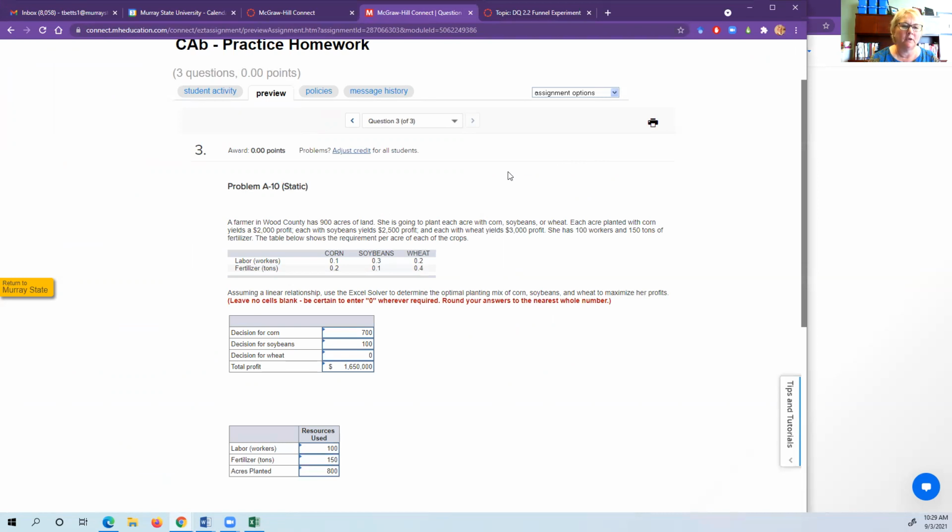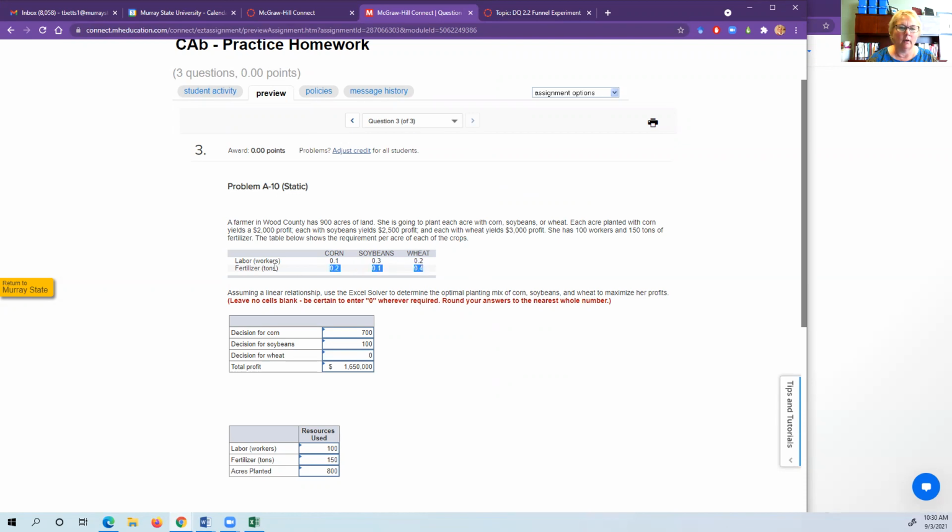So a farmer in Wood County has 900 acres of land. She's going to plant each acre with corn, soybeans, or wheat. Each acre planted with corn yields a $2,000 profit, with soybeans yielding $2,500 profit, and wheat yielding $3,000 profit. Choose 100 workers and 150 tons of fertilizer. The table below shows the requirements per acre for each of the crops.